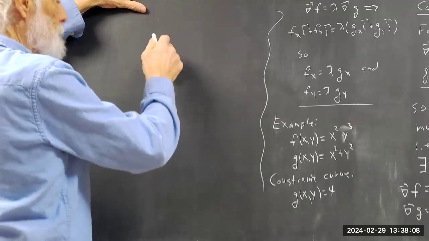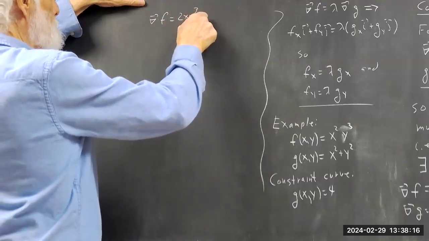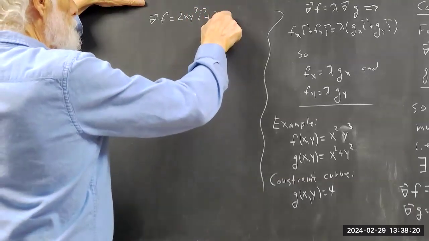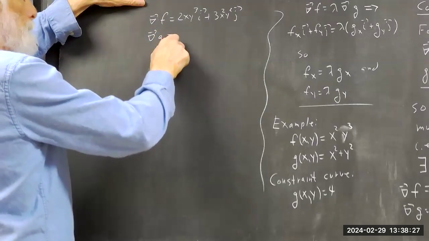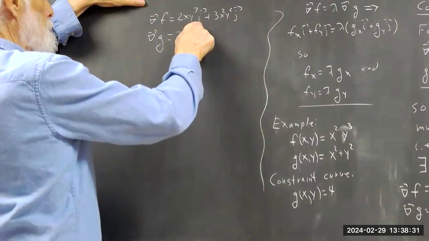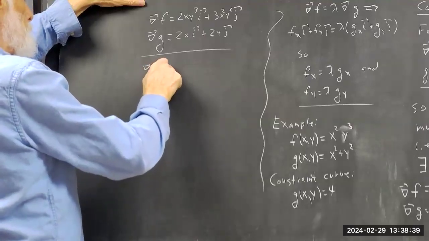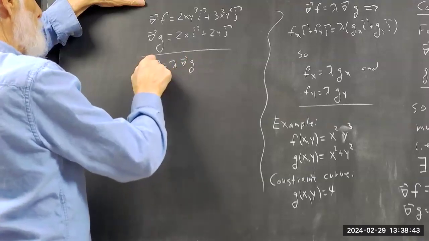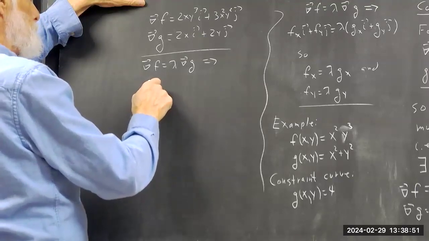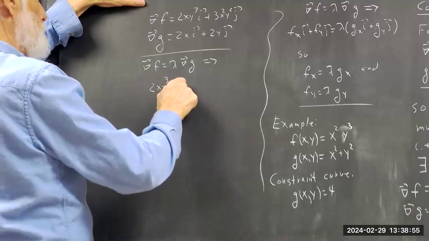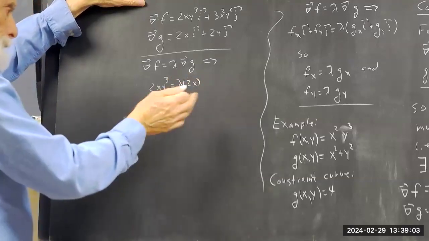I'm going to do it from the perspective of the gradient. I wanted to write that 2x lambda, so keep it in order.